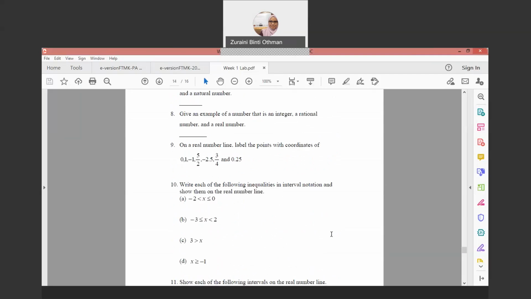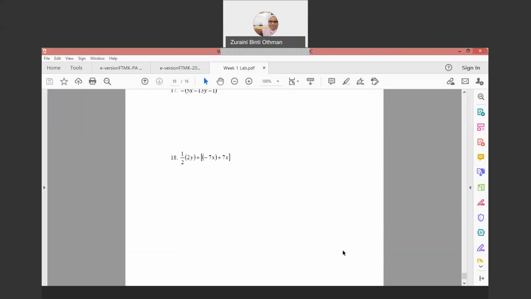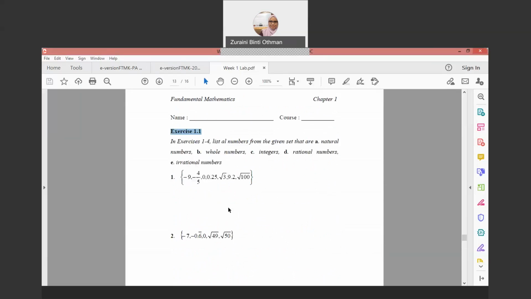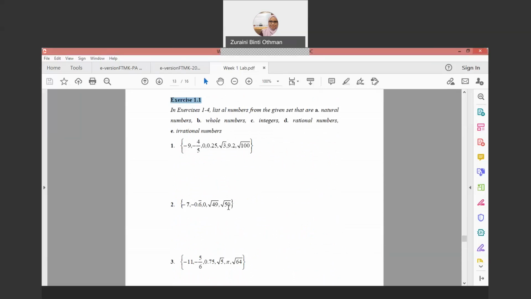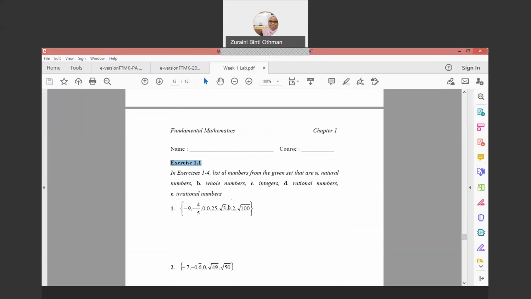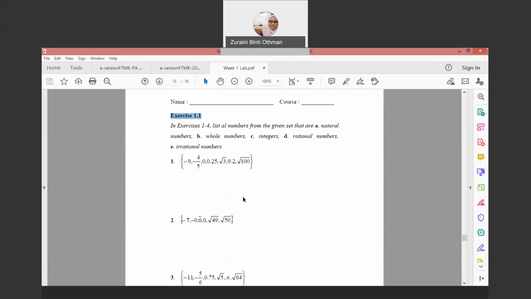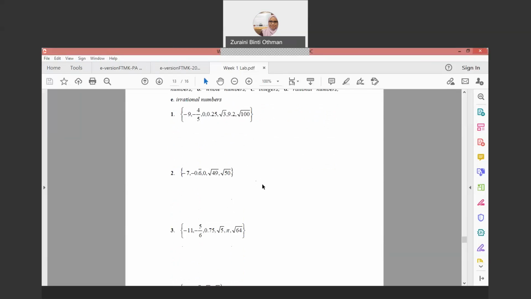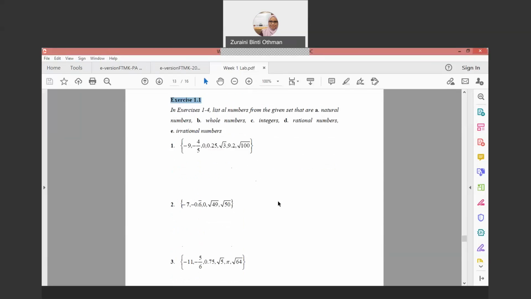There's a lot of questions here, and we'll discuss this in our lab on Tuesday, in section 1 and section 2. If you have questions, please ask, and before that, please do it first.